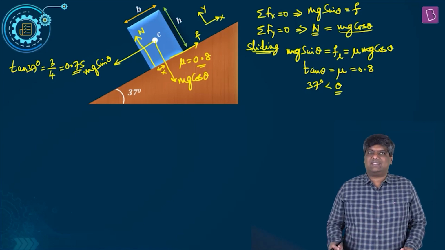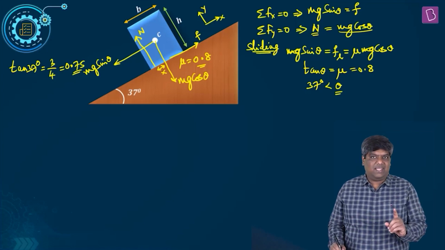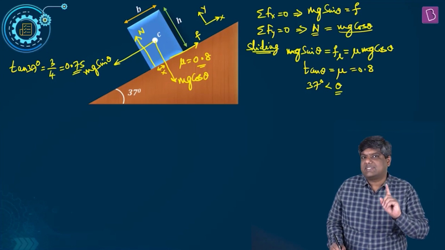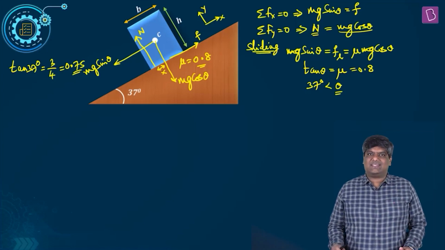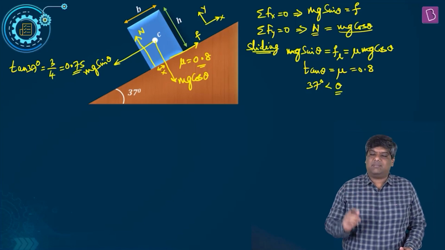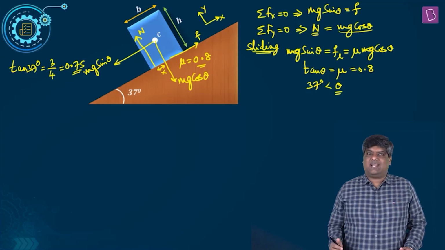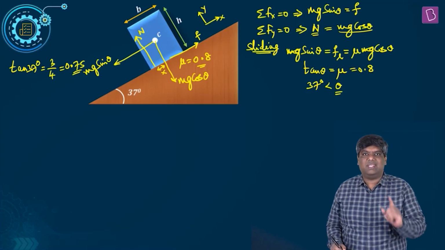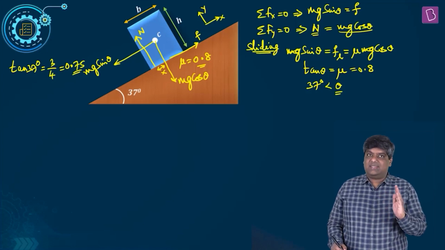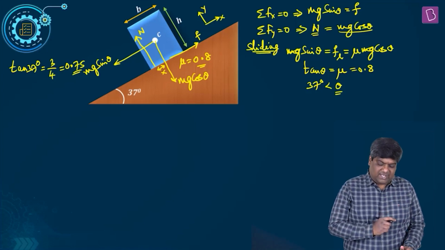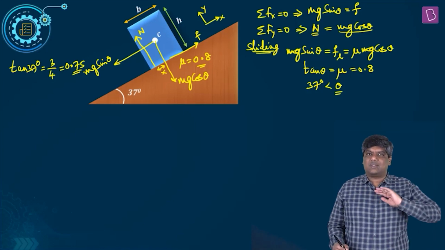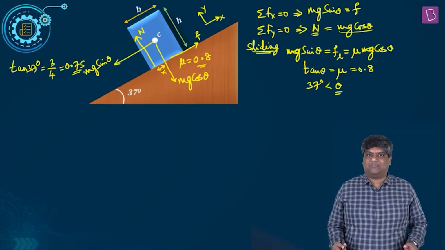So 37 degrees is less than theta, so definitely the block has not yet begun to slide. No sliding is occurring. So as far as the sliding part is concerned, it is still in equilibrium. Static friction is still acting. Limiting friction has not been reached. Limiting friction will be reached only when theta is such that tan theta is 0.8. Now for 37 degrees, tan 37 is 0.75. So sliding is not happening.